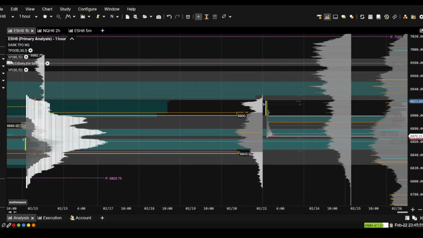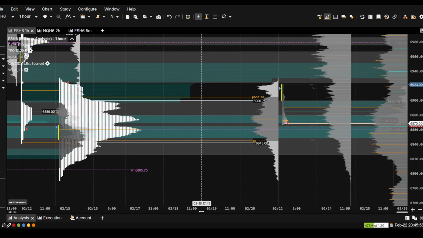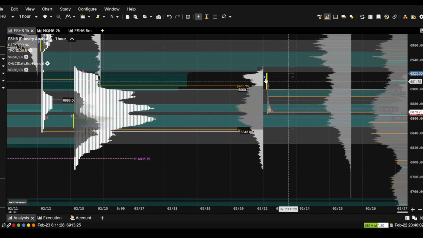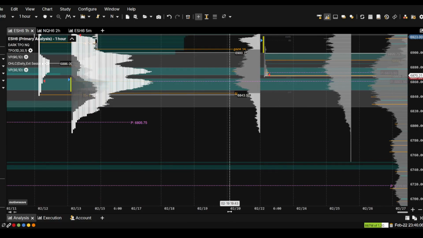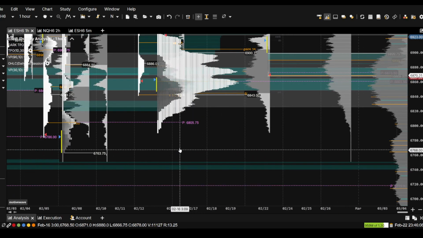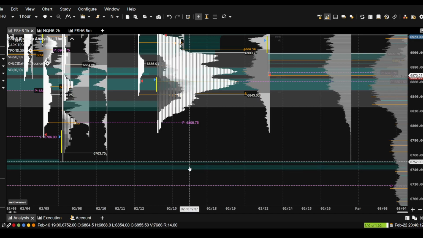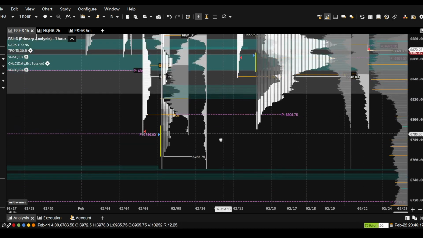So that's my forecast. I would rather see lower prices until here, or maybe here, to fill this high volume single prints of the time price opportunity or market profile.